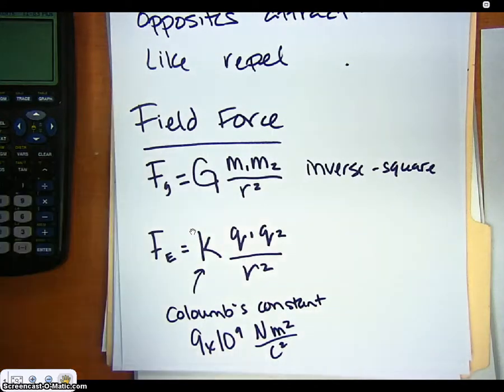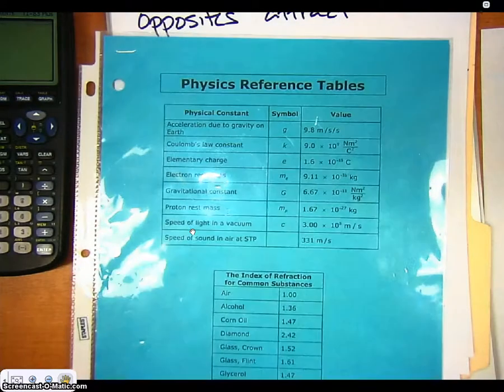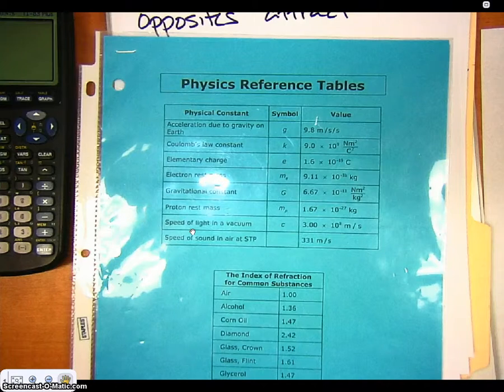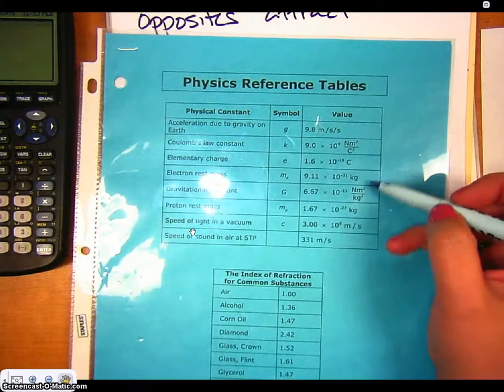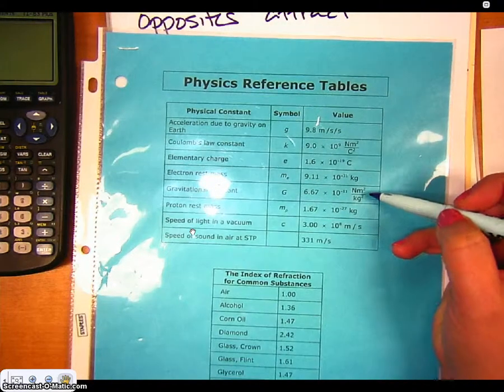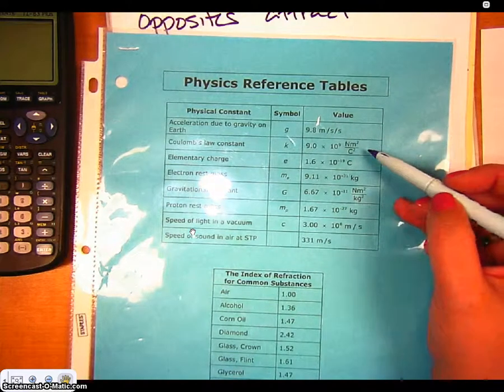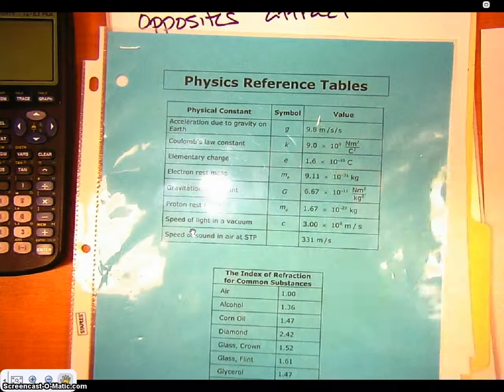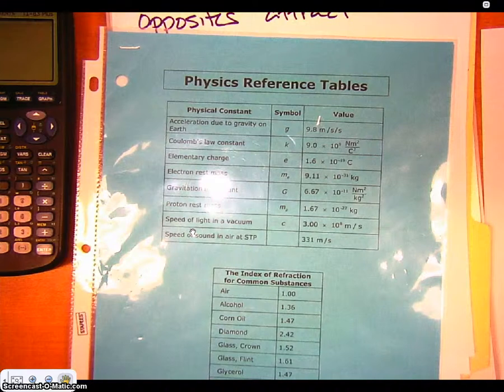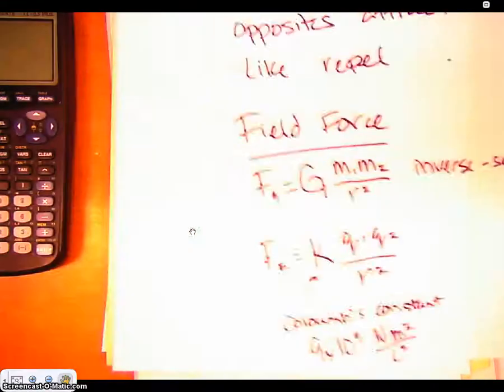Remember, on your reference table there's a bunch of different constants. We've got big G, the gravitational constant, right here, but we also have Coulomb's law constant, right here, 9 times 10 to the 9th with the variable. So if you forget it, you know that you have it in your reference tables.